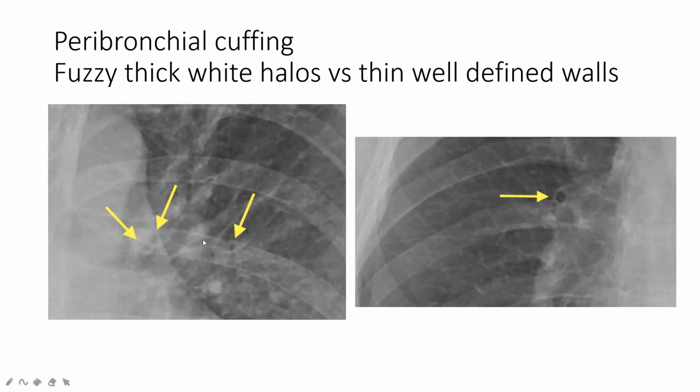But in congestive cardiac failure, you can see that the bronchi look like they have thick white halos around them. The walls are thick and very hazy, and there are a few here as well. So that's another sign of congestive heart failure.